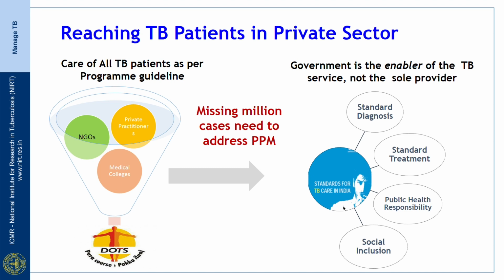This has resulted in a huge number of TB patients who are probably taking treatment in the private sector but are not being reported under the program. Because they are not reported, the program doesn't know those patients and is unable to provide the ancillary services, social protection measures, or public health measures required for a TB patient.